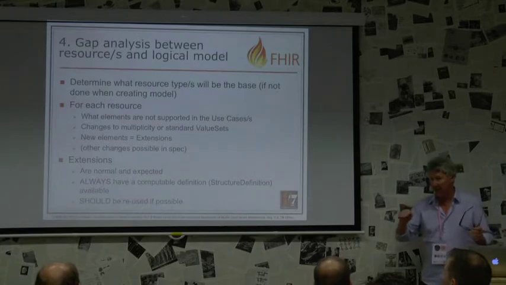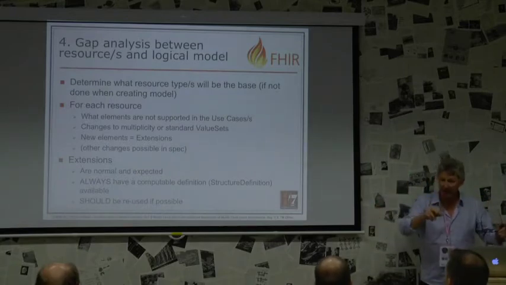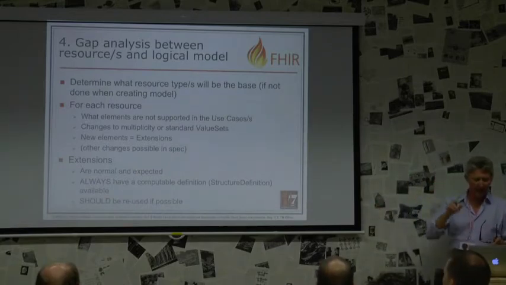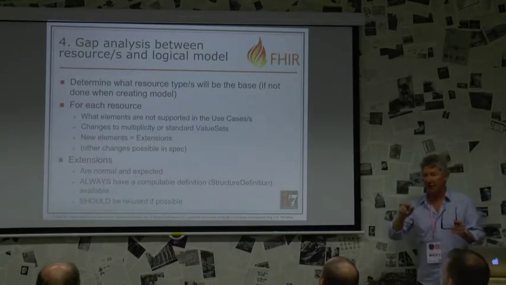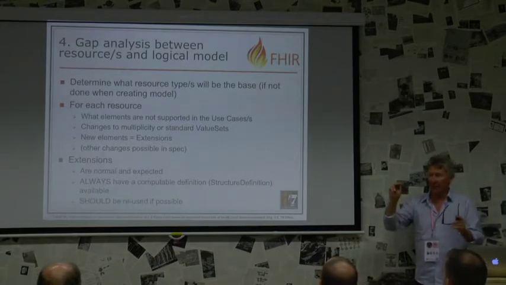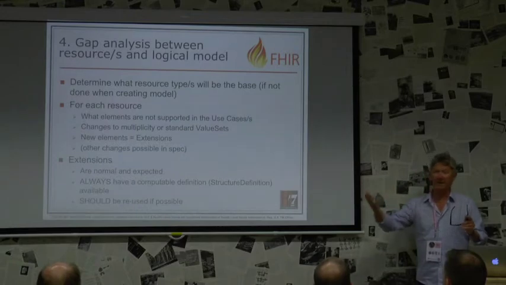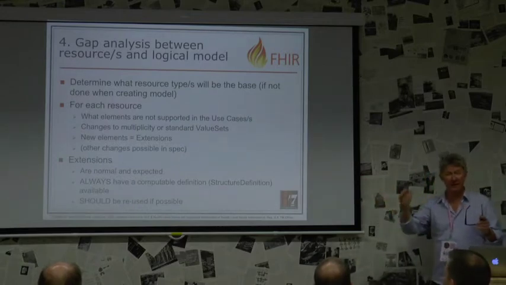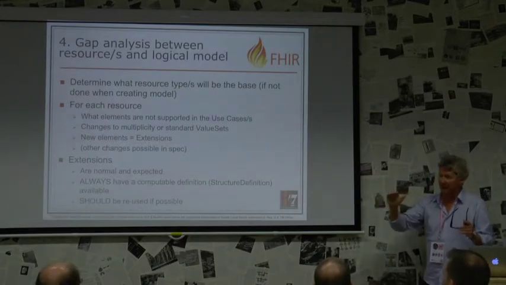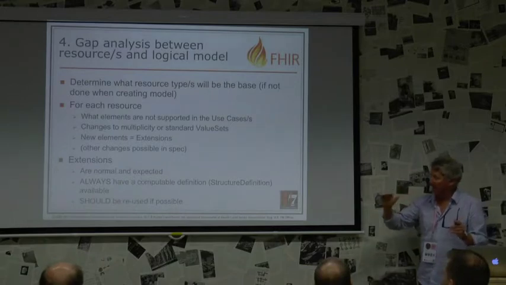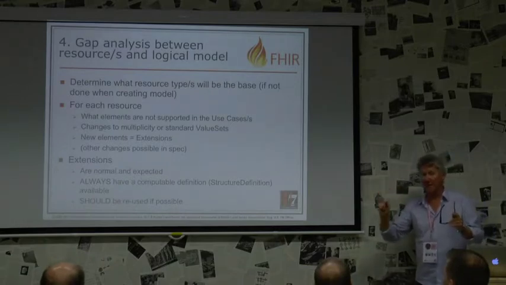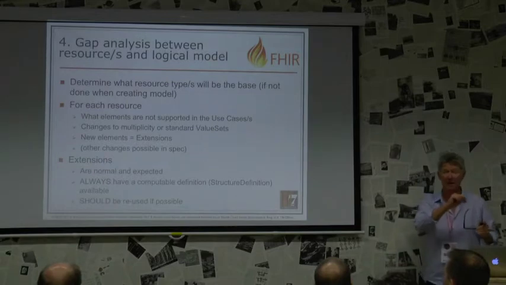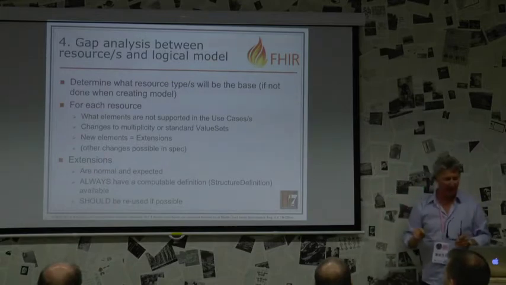So part of your gap analysis is saying, what's in FHIR that isn't in my model? And then what are the differences? What are the changes? Within the model that I've identified, say patient for the sake of argument, patient's got an identifier, and in the standard FHIR patient resource you can have multiple identifiers. Does your information model need multiple identifiers? So you look at the multiplicity there.